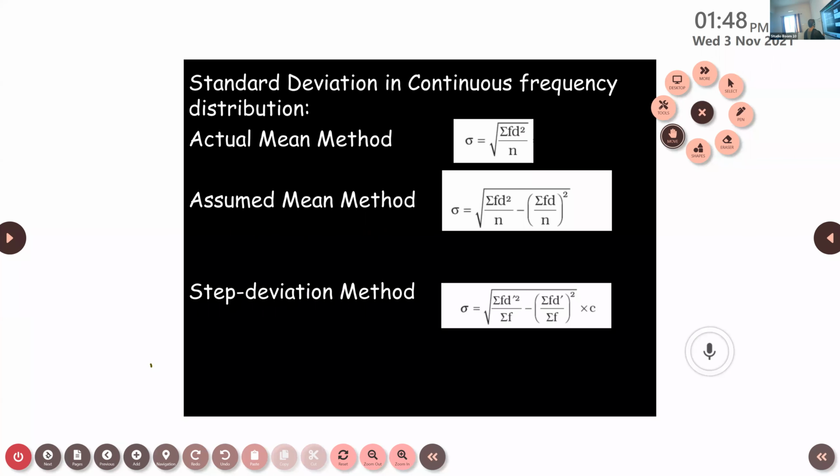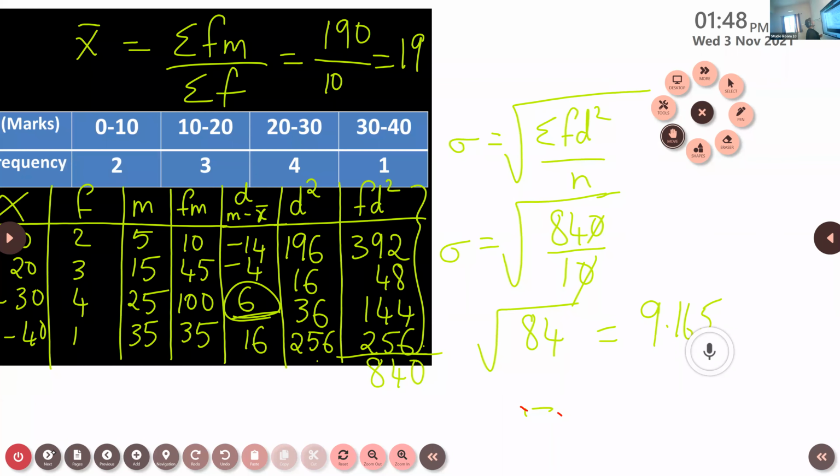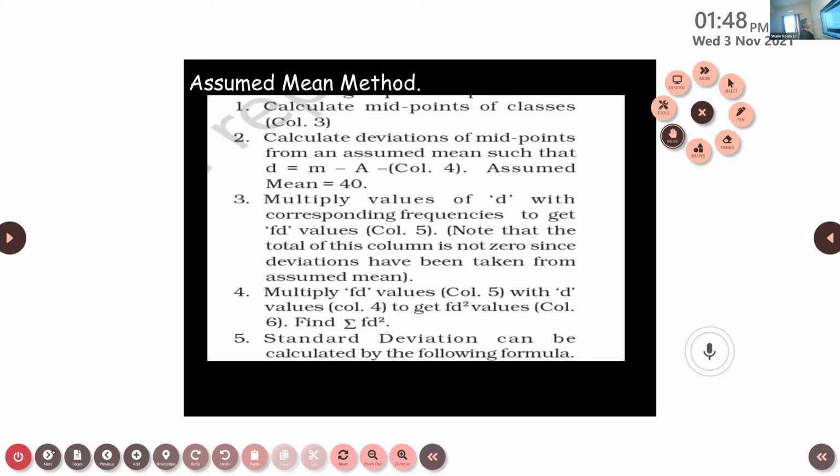Okay. So the assumed mean method now. First thing, we have to calculate the midpoints. Here we are not finding the actual mean because we are taking one number as the assumed mean.